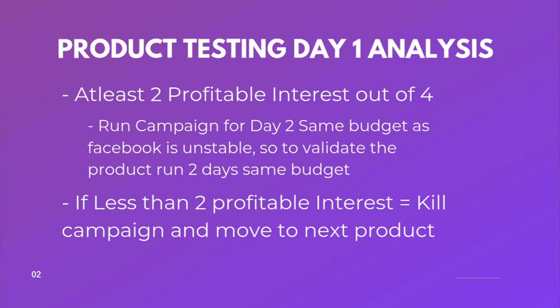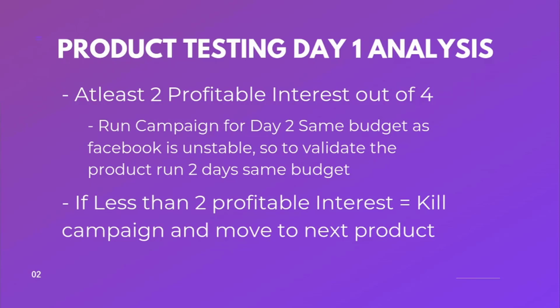Many people will have doubt whether maybe the first day your ad is not working well, maybe the second day. See, in Indian e-commerce, you want to be profitable from day one. You don't want to lose money, so that is your main point. Whatever you do, you need to earn money and not lose money. So what I do is, basically, I have this criteria. If it has less than 2 profitable interests on the first day as well, I'll kill the whole campaign and move to my next product.